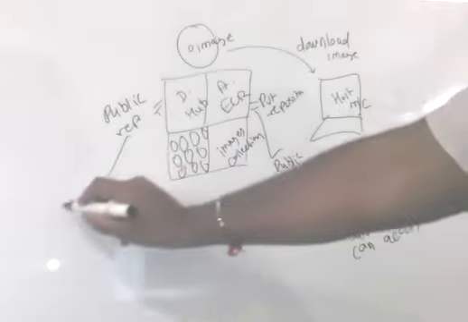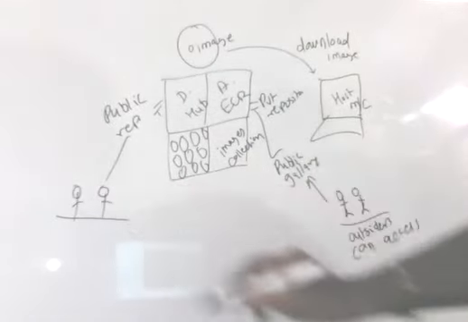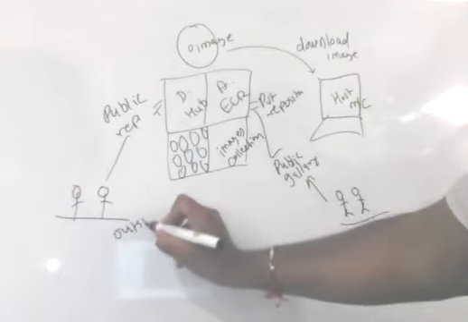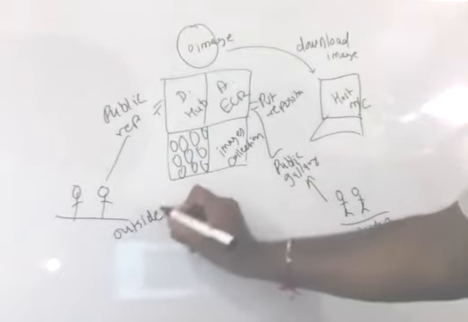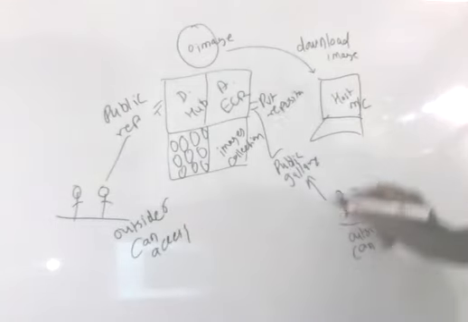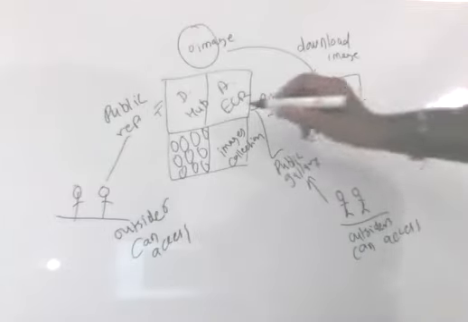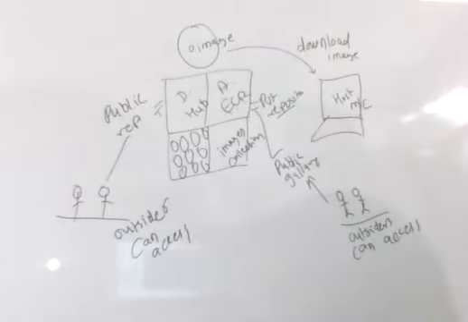Here also outsiders can access because it is a public repository. What about the private repository? Outsiders cannot access it. That private repository is nothing but ECR, Elastic Container Registry.